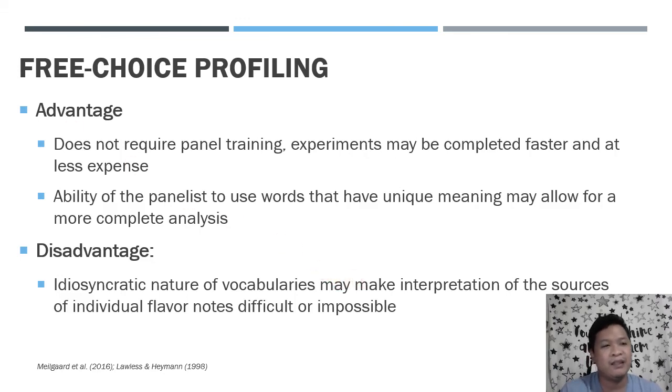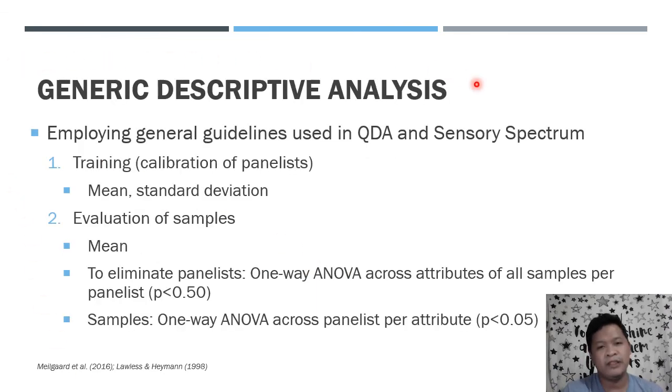Okay? It's also what we call the generic descriptive analysis. So yung exercise niya sa lab is patterned after this one more or less. And it uses a combination of the QDA and sensory spectrum methods. So there's a training and evaluation phase where you use the mean and standard deviation for the panelists.